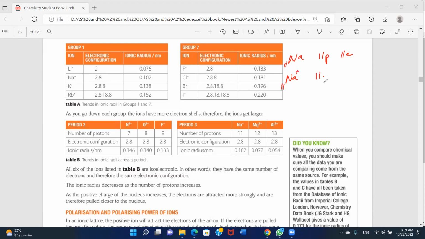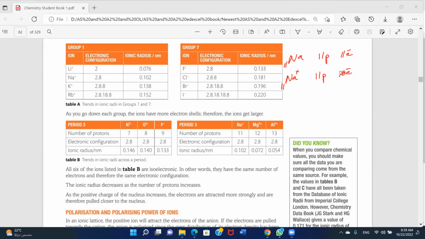The number of protons is the same as in case of sodium atom, but the number of electrons decreased by 1. And we said before that whenever we have more protons than electrons, there is a certain attraction force between these 11 protons and 11 electrons. When the electron number decreased, then the attraction force between these 11 protons and these 10 electrons will increase.